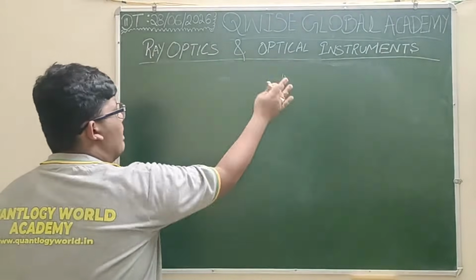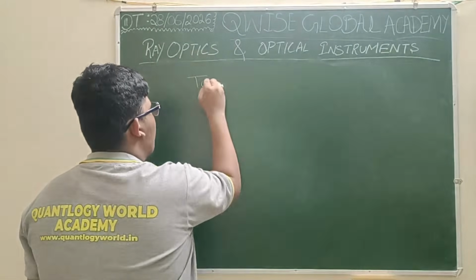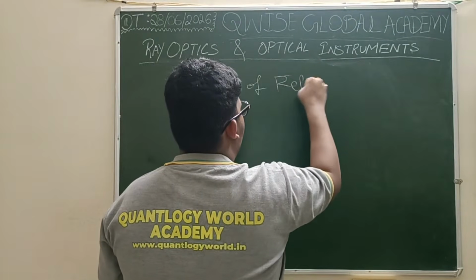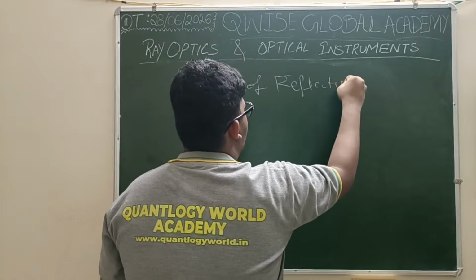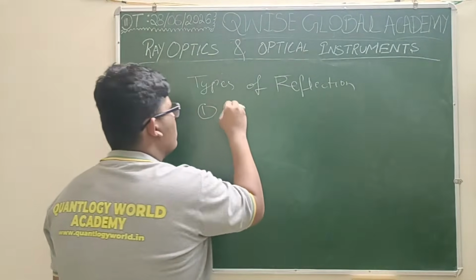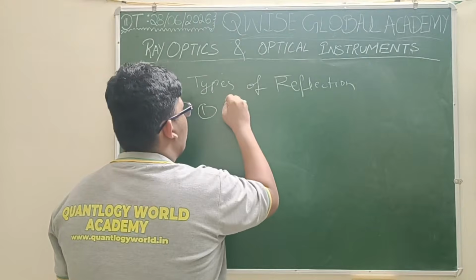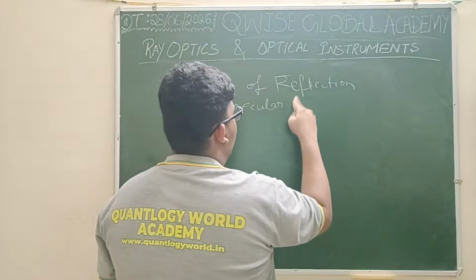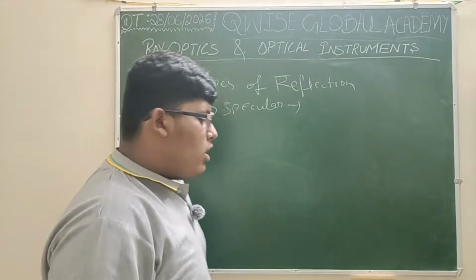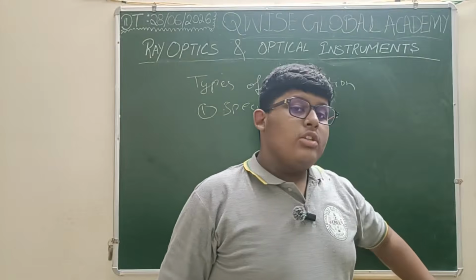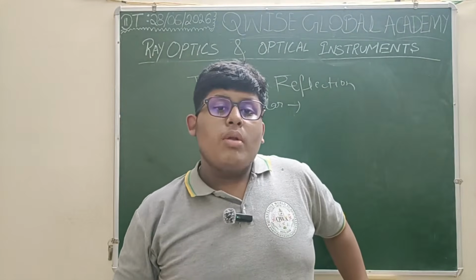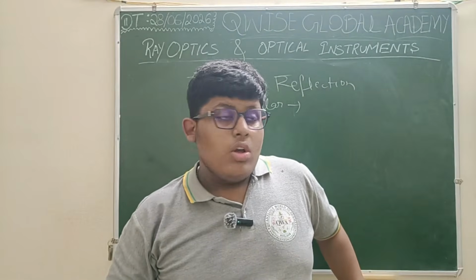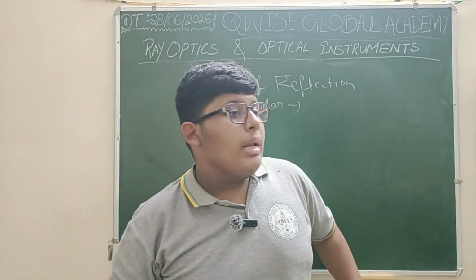Next is types of reflection. There are two types of reflection. The first is regular reflection or specular reflection. So what is regular or specular reflection? When rays of light come from a source and touch a polished surface, then the rays reflect in a proper manner.